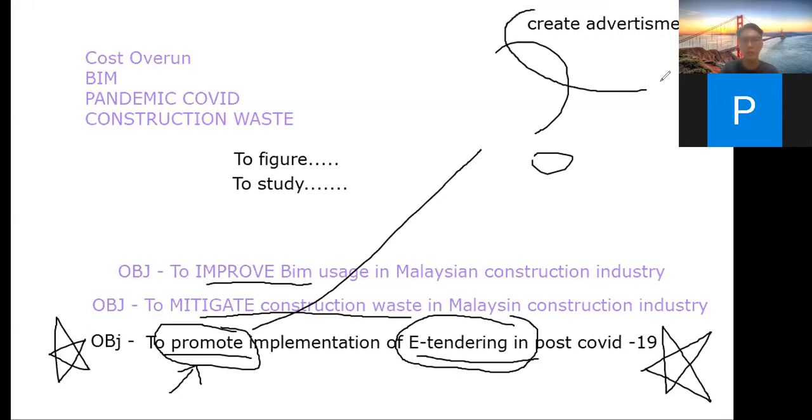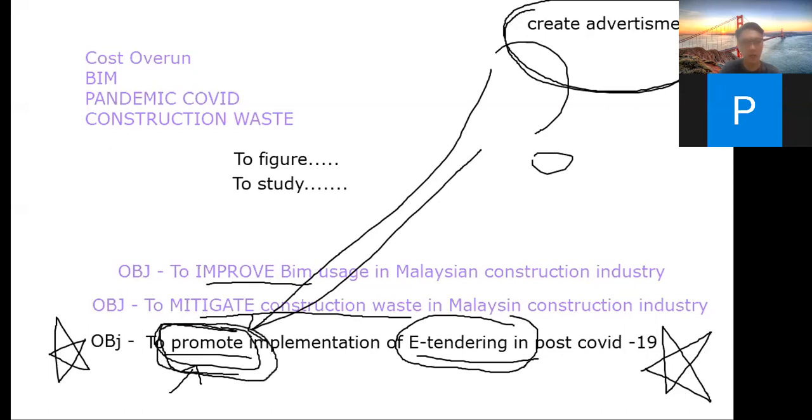Do you create this to answer your objective to promote? Okay, so go and figure out this word is wrong. Because to promote something, you have to create advertisement. Your action is to create advertisement.